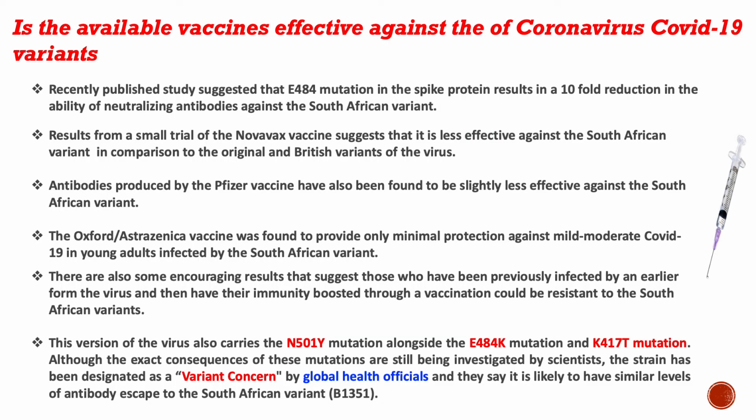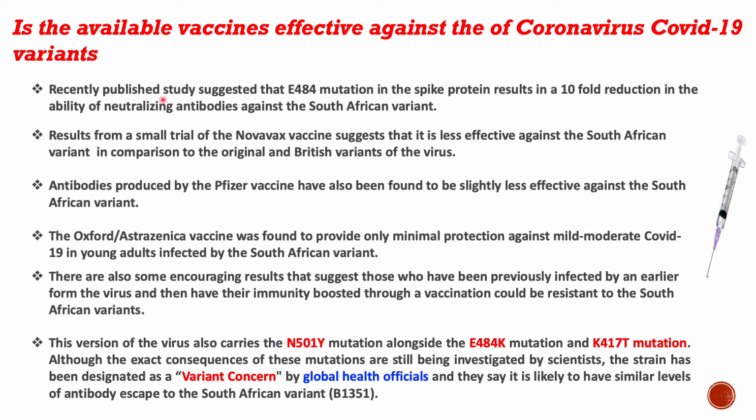The question which needs to be answered is: are the available vaccines, for example the Pfizer vaccine or the AstraZeneca vaccine, effective against the coronavirus COVID-19 variants, like for example the South African or the British variant? I'm going to answer this question for you from recently published studies.